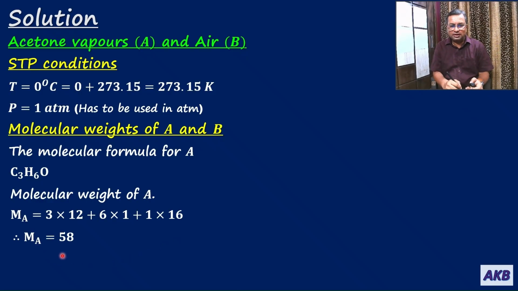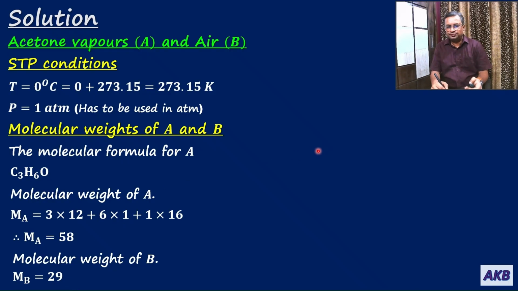So therefore MA comes out to be 58. So molecular weight of acetone, it is 58. You know that. Then molecular weight of air, molecular weight of B, which in this case is air, it is 29. So that is known to us.